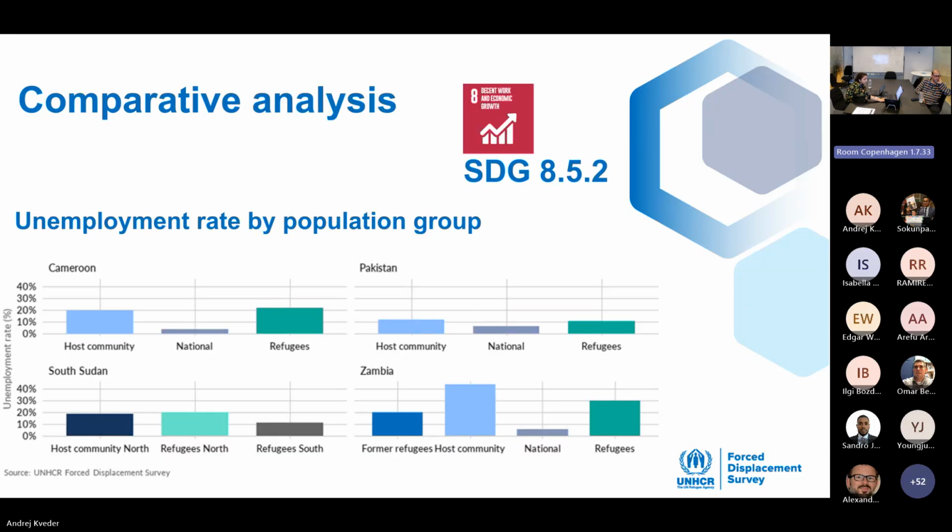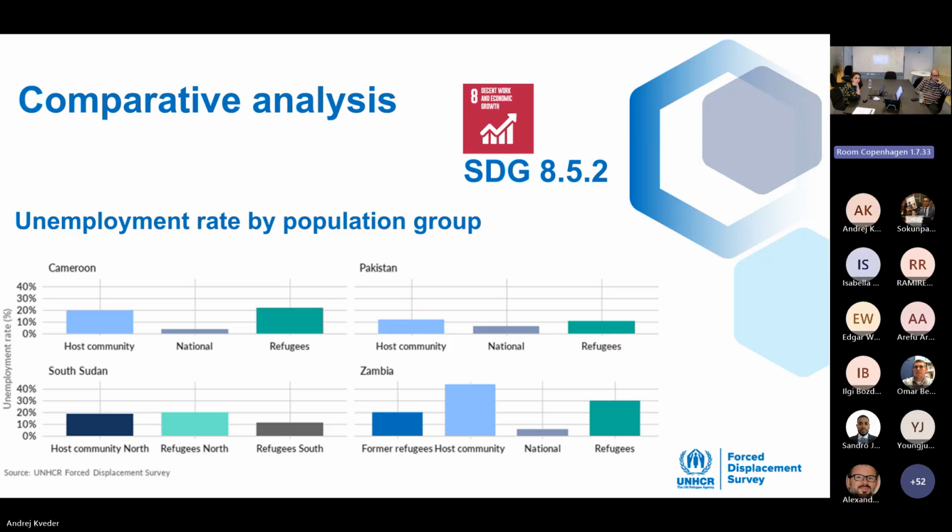And maybe another example just to show everything overall. We collect most priority indicators from the Sustainable Development Goals, and we chose unemployment rate as an example. Here you can see all 4 countries where we collected data in the last 4 years, and you can see that the results for host community and refugees tend to be quite similar and much higher compared to the national average.